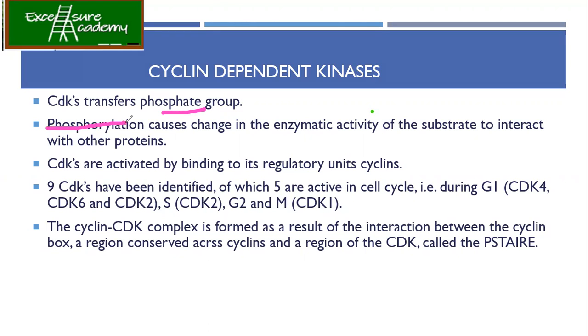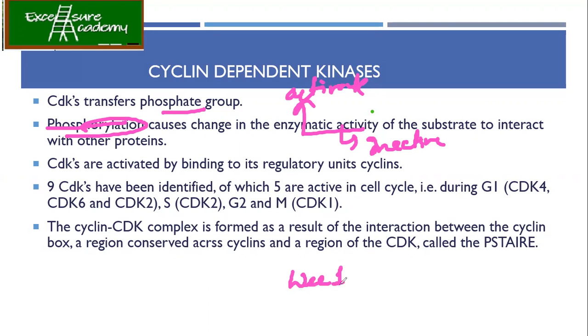From this, you need to understand that phosphorylation changes the enzymatic activity, meaning it can either activate the protein or make it inactive. For example, there is a regulatory protein V1, which is a kinase, which goes and phosphorylates different groups and makes it inactive, right?